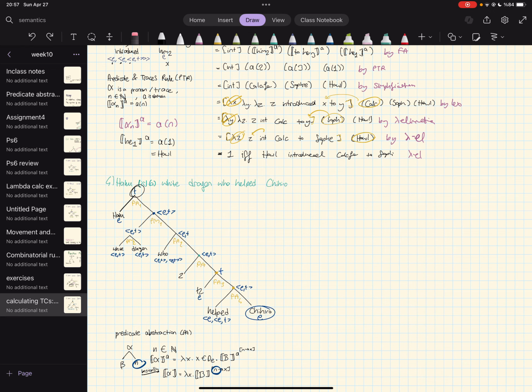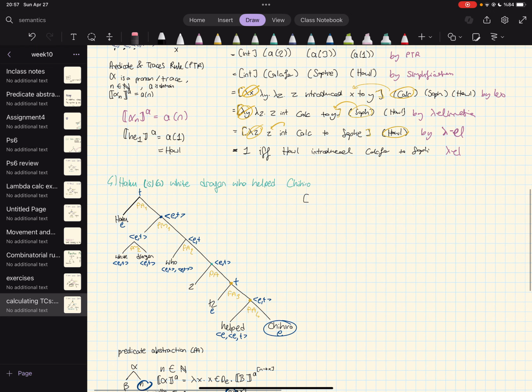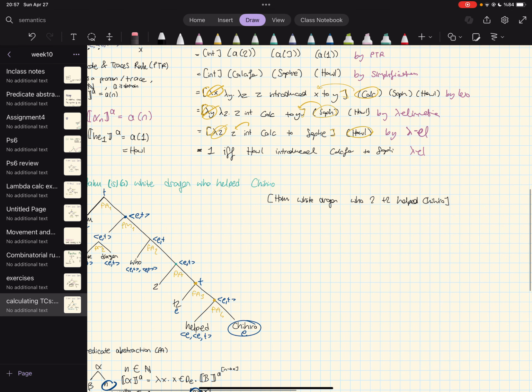Okay, the first thing I do is to write the notation of T, the whole sentence. By looking at my logical form, I need to write Haku, white, dragon, who, t2, helped, Chiro. Right?